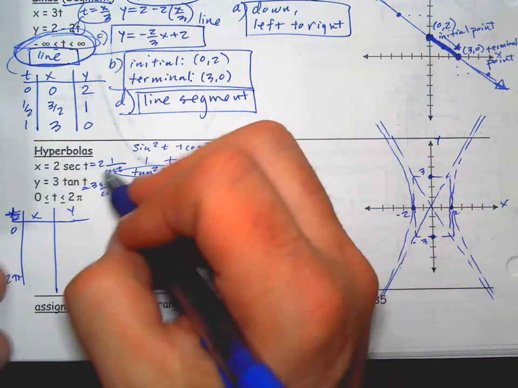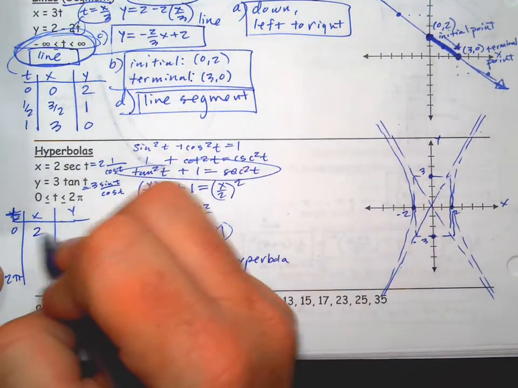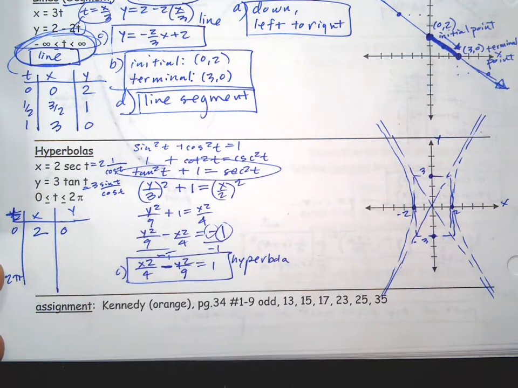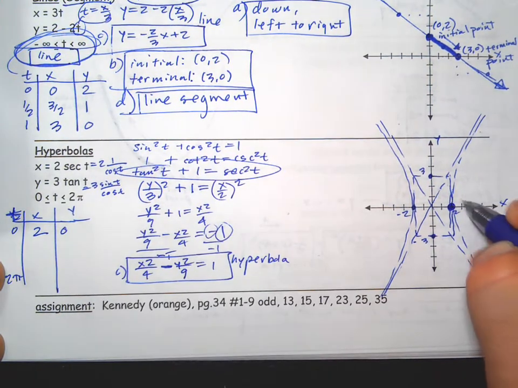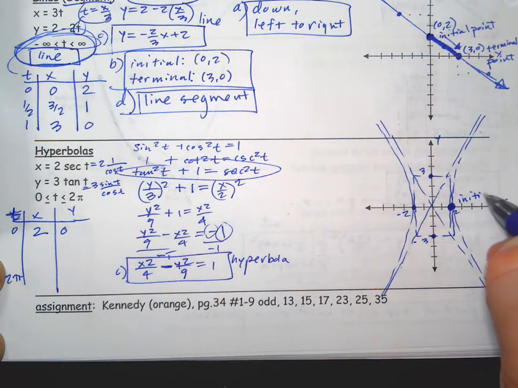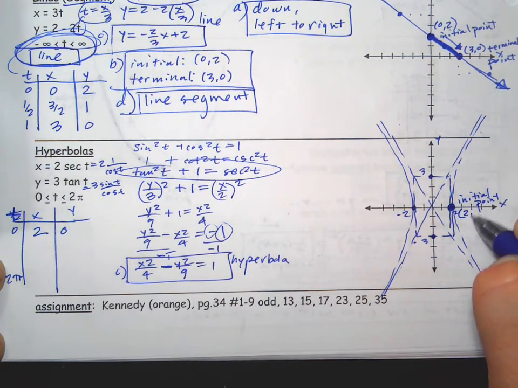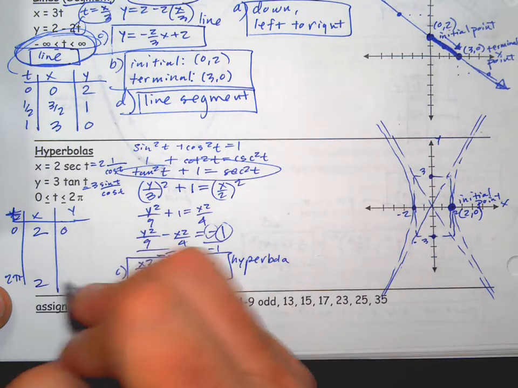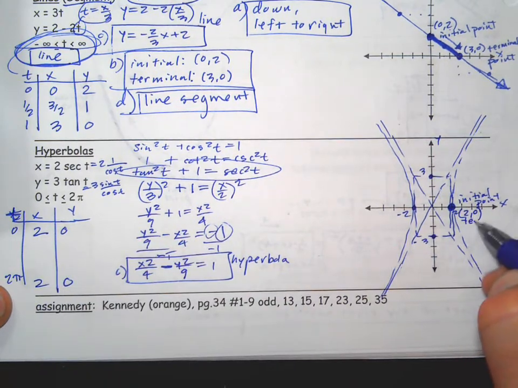Plug 0 in here, cosine 0 is 1, so you get 2. Plug 0 in here, you get 0. So (2, 0) is the initial point. I want it labeled on the graph with the coordinates written. If you plug 2 pi in, we get the same thing, (2, 0), so this is also the terminal point.